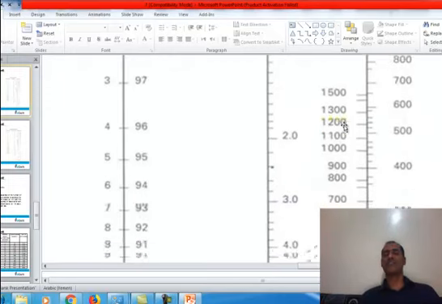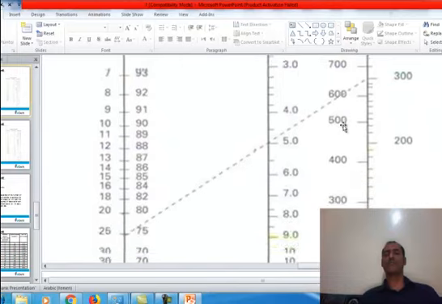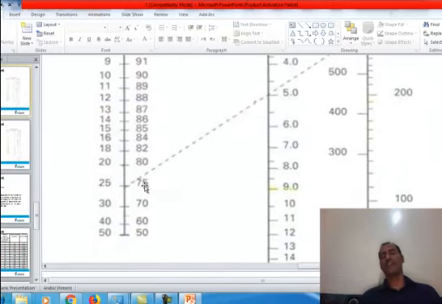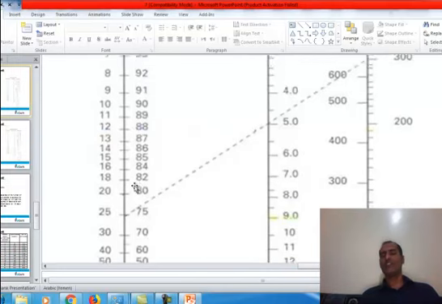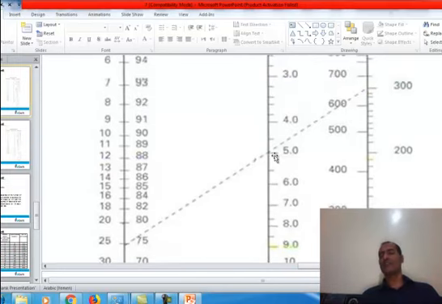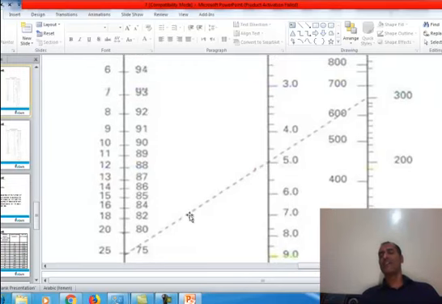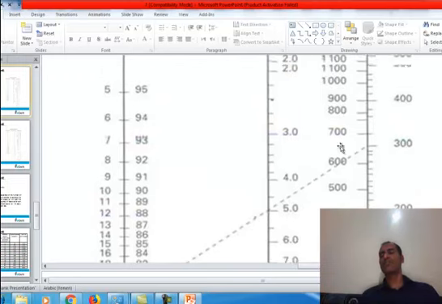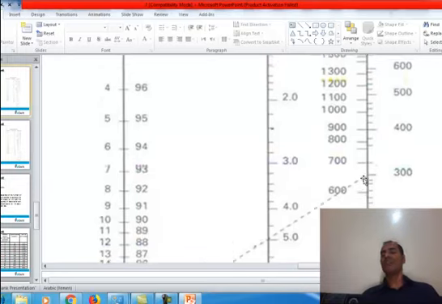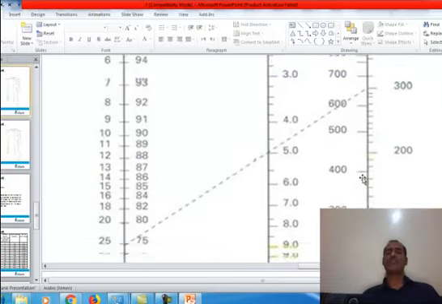If we take our previous example, where the running time for the worker or machine is 75, then we join to the margin of error. Then we take this line to the third line, which represents the number of observations.